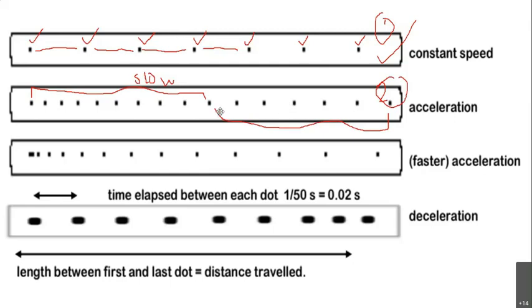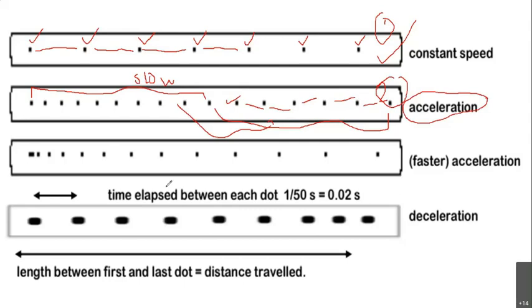What are the dots doing? Very good. So the spaces between the dots increase. So that means that the object is moving faster. So when we're moving at a slower pace and we speed up, that's called acceleration.